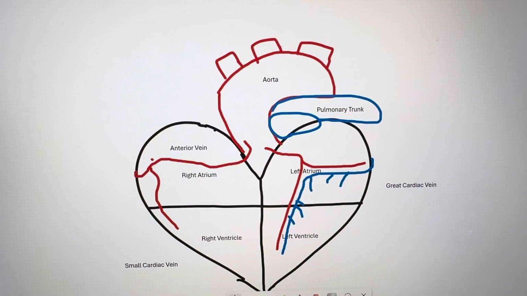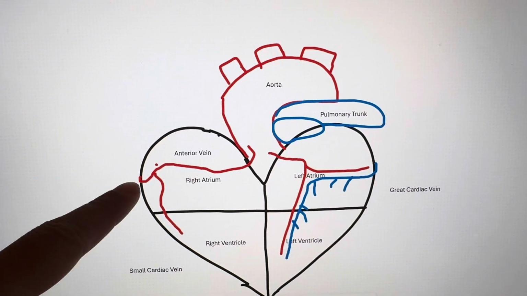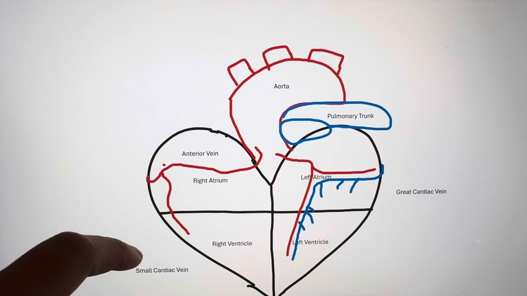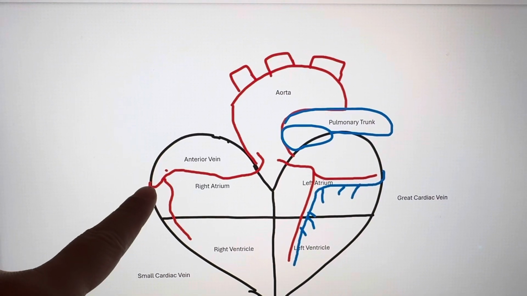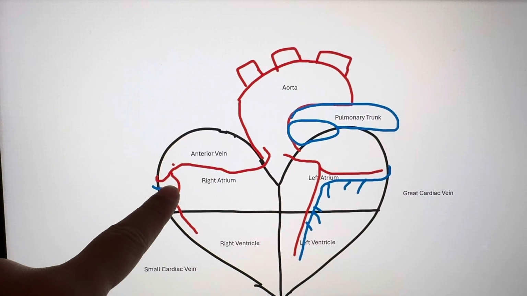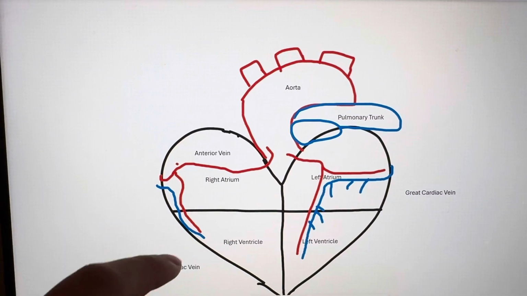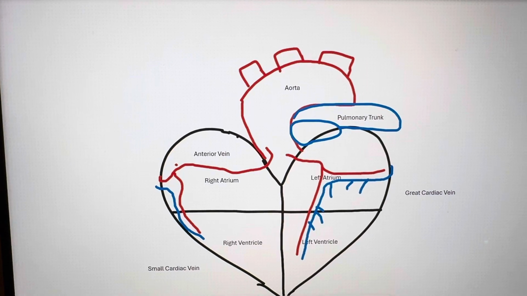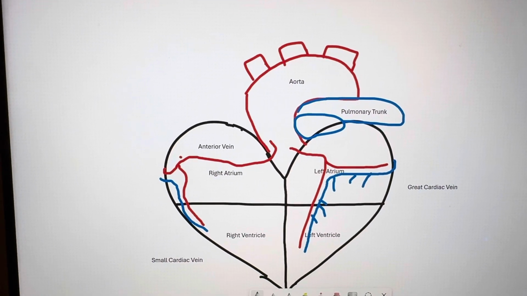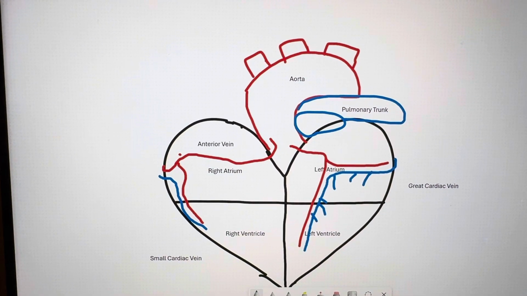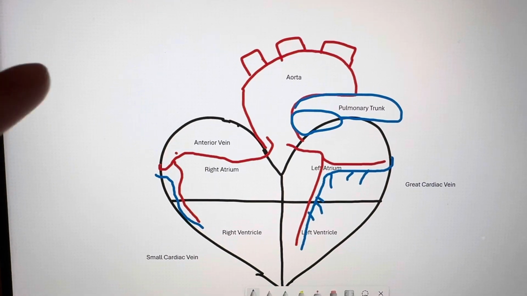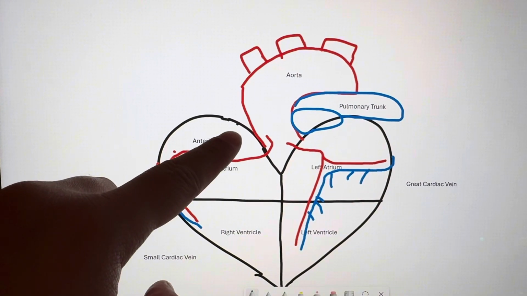The other veins on the posterior side will also loop around. The small cardiac vein will pop up right here and go down. And this one, remember how earlier it was the posterior vein? Now it is called the anterior vein.